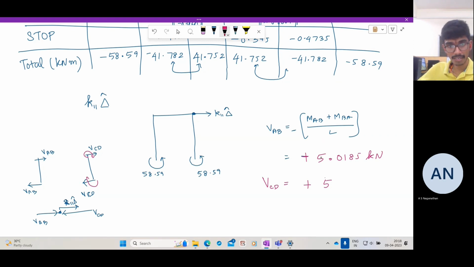Let us see. VCD is that is fine. VCD is also 5.085 kilonewtons.